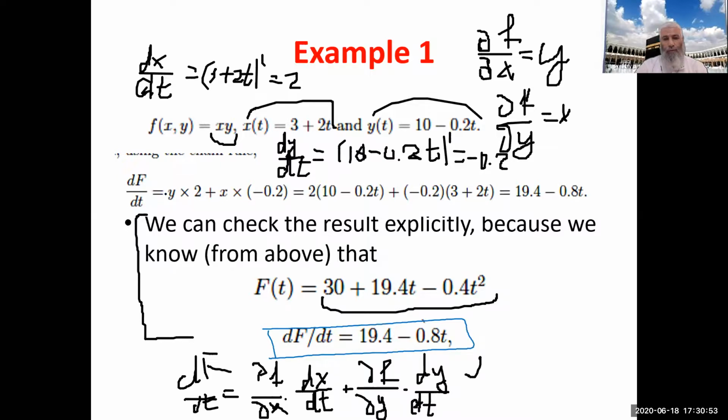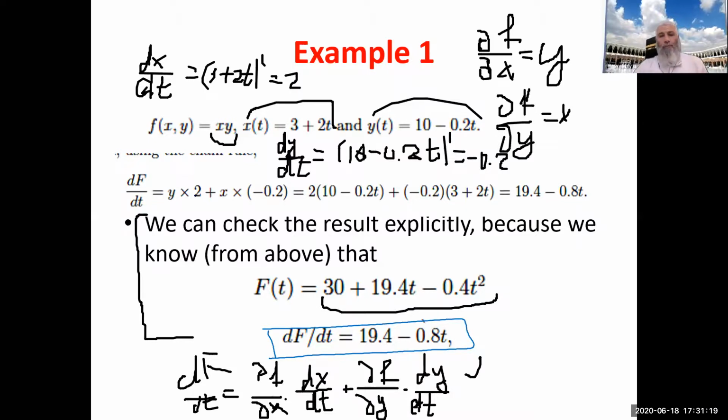df/dt equals what we did here. What is this? Where is df/dt?